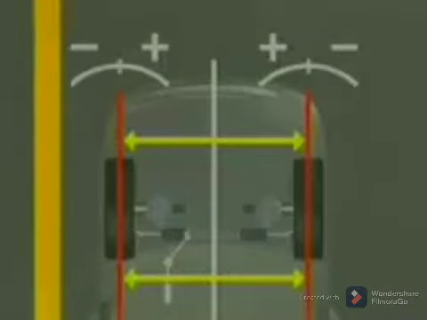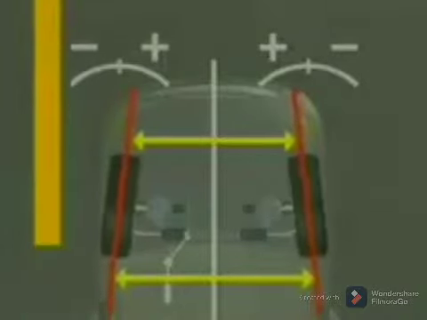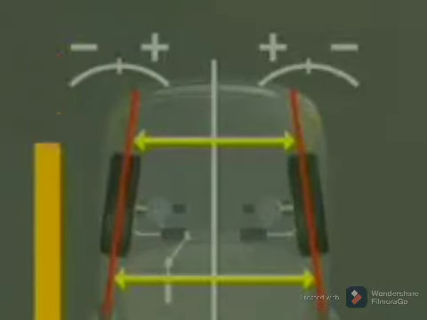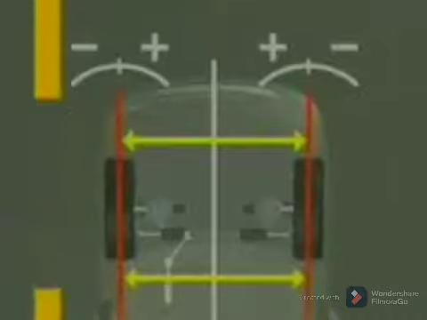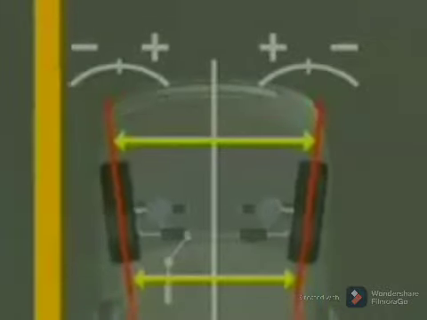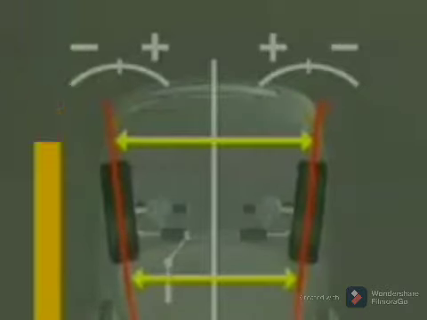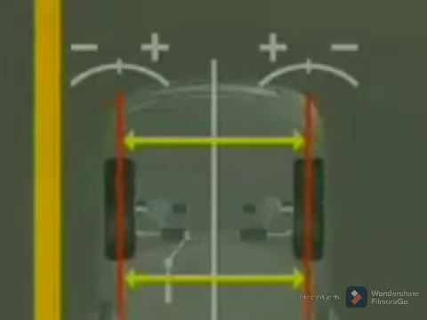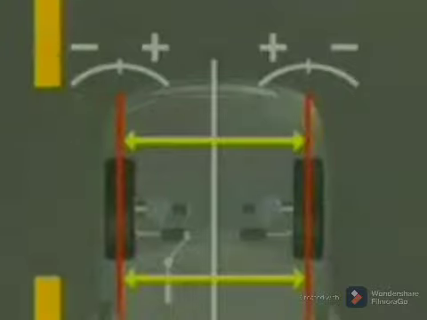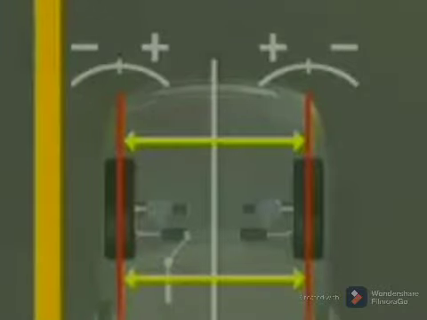Toe is also measured as an angular measurement. Toe-out is positive when the front of the tires are farther apart than the rear. Toe-in is negative when the fronts of the tires are closer together than the rear.